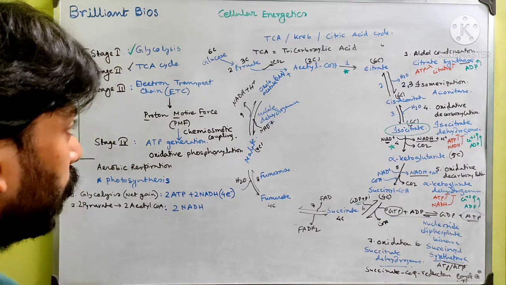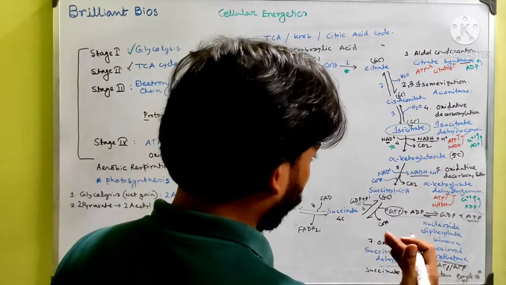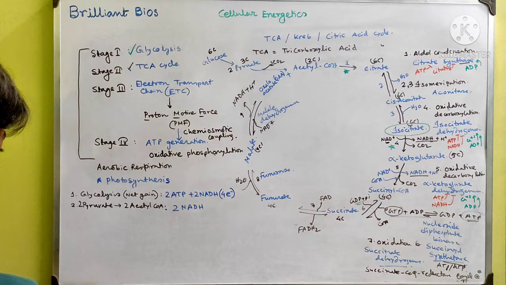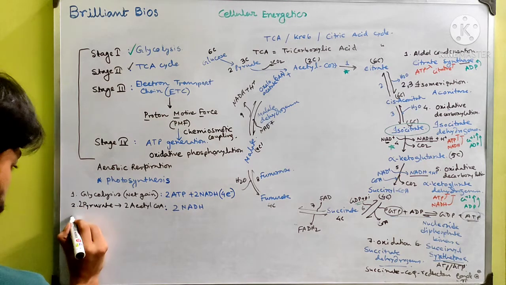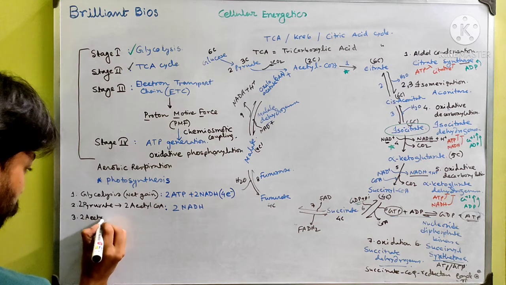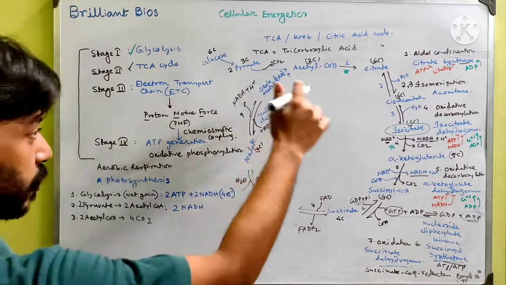So in this cycle we have some very important products that we will count. We write here that from the 2 acetyl CoA, 4 carbon dioxide will be released in this TCA cycle.